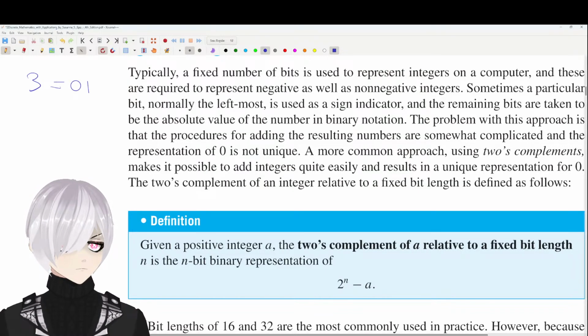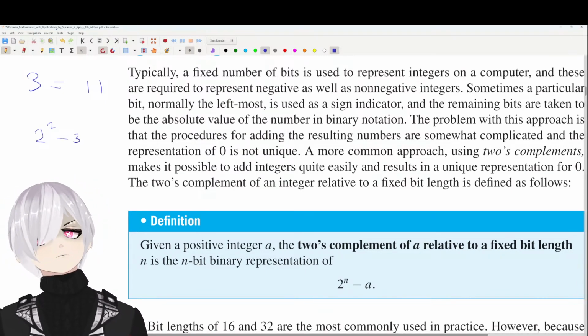You imagine you want to use some number of bits n to represent your number, and then given that length n, the two's complement is 2 to the n minus the number a that you're representing. So the representation is whatever 2 to the n minus a is in binary notation.